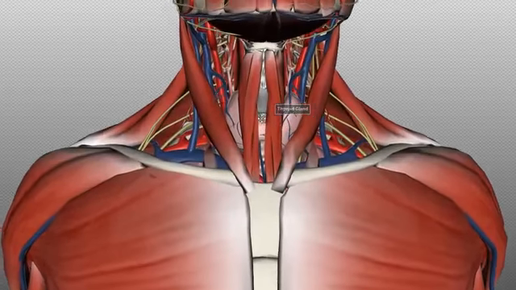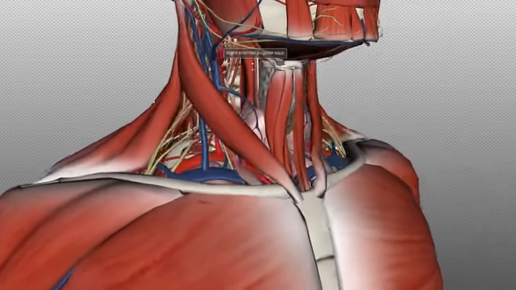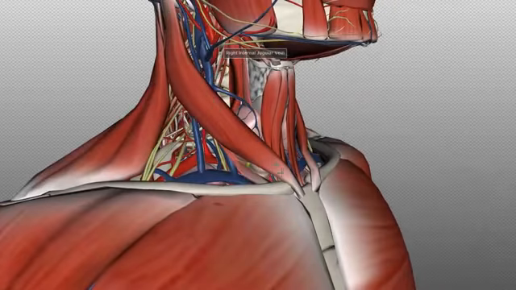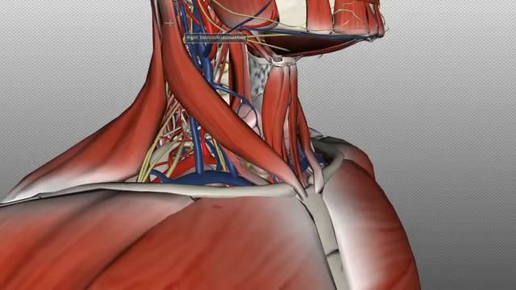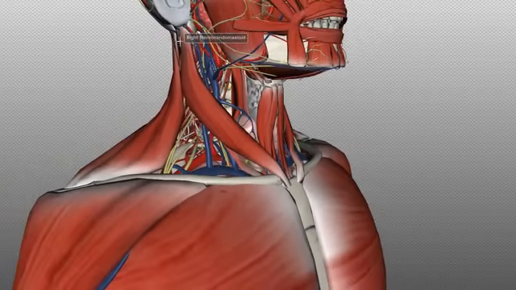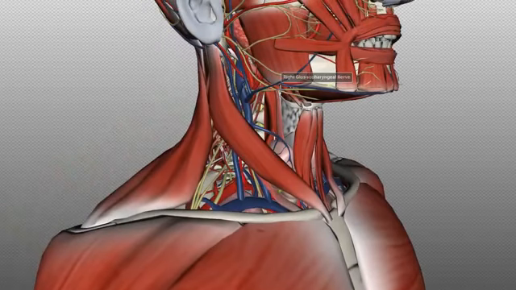If I zoom in a little bit more, I've got rid of the platysma muscle, which lies in the superficial fascia, and then you can see this big muscle here, which runs from the mastoid process down to attach onto the sternum and also onto the clavicle. So it's got two attachments, a sternal and a clavicular attachment, and it's also attached to the mastoid process up here. This is the sternocleidomastoid muscle, named because of its attachments.